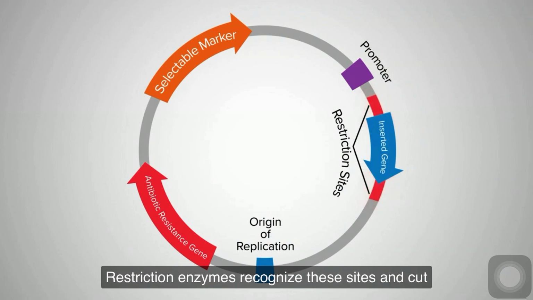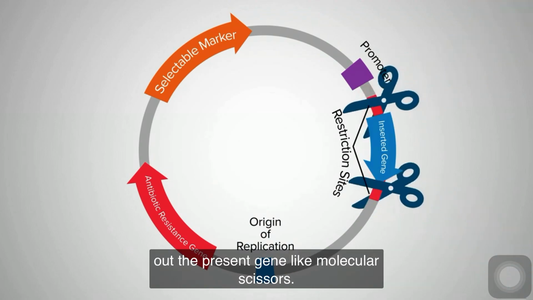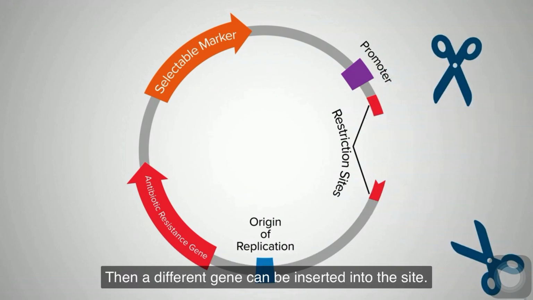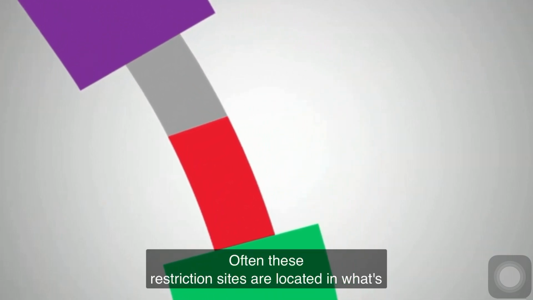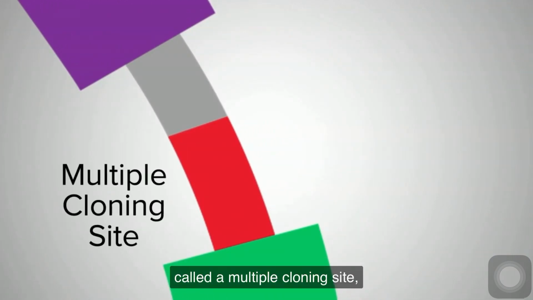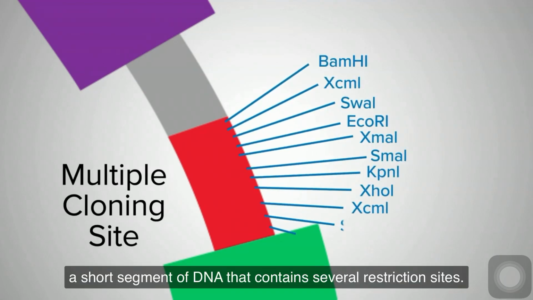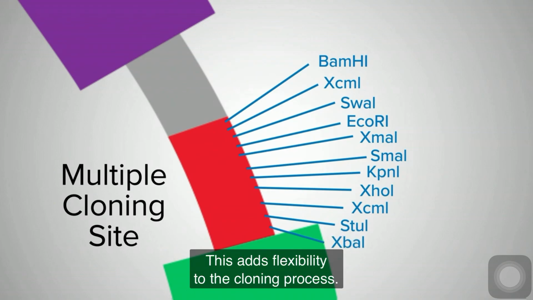Restriction enzymes recognize these sites and cut out the present gene like molecular scissors. Then, a different gene can be inserted into the site. Often, these restriction sites are located in what's called a multiple cloning site, a short segment of DNA that contains several restriction sites. This adds flexibility to the cloning process.